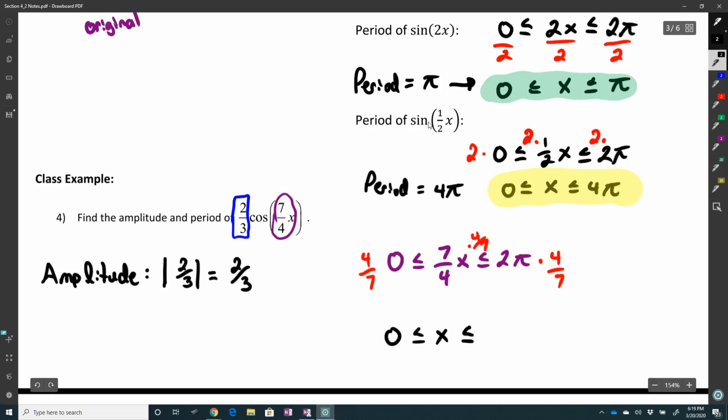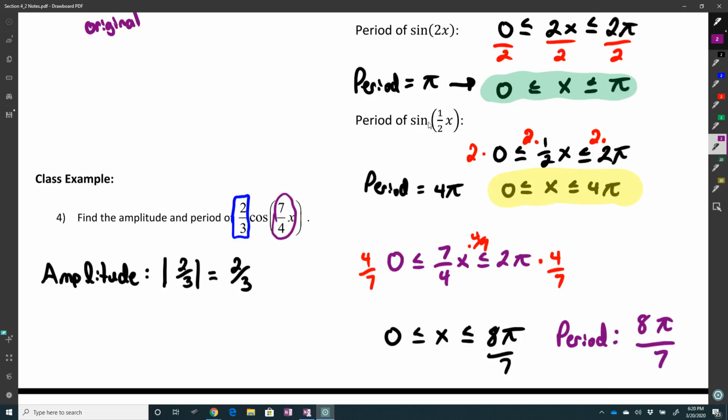And then 2 pi times 4/7 is 8 pi over 7. And so the period here is just 8 pi over 7.